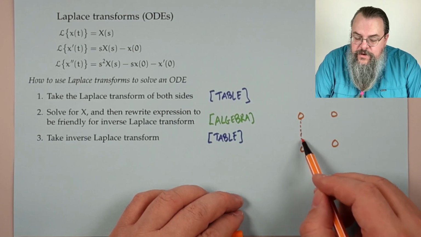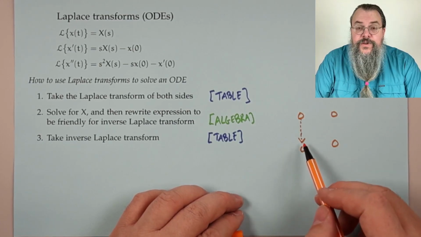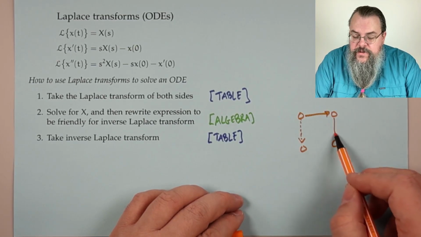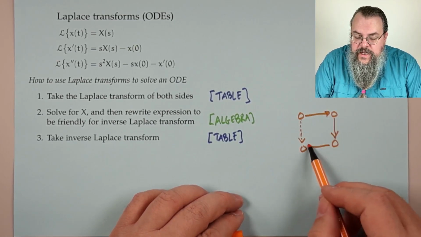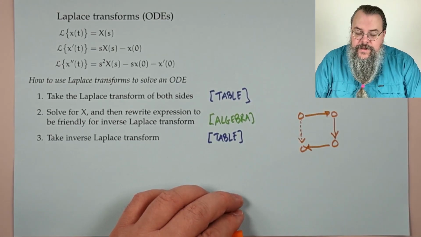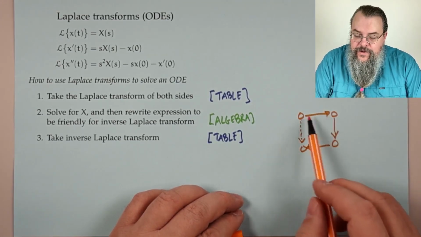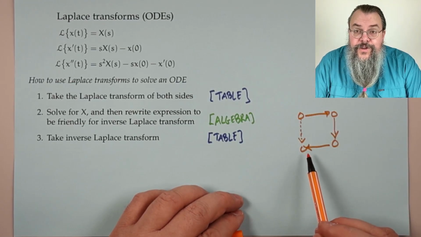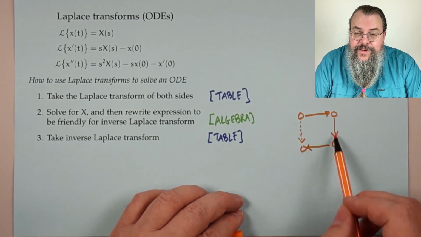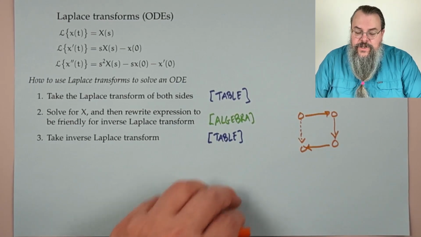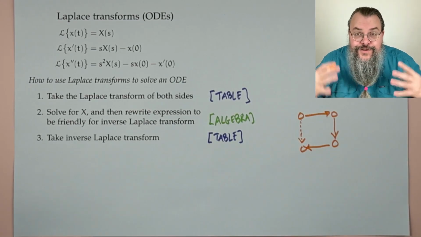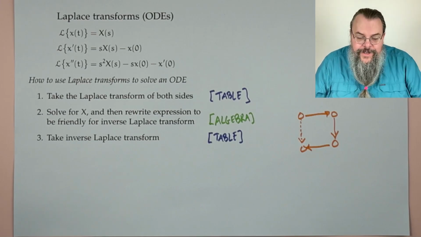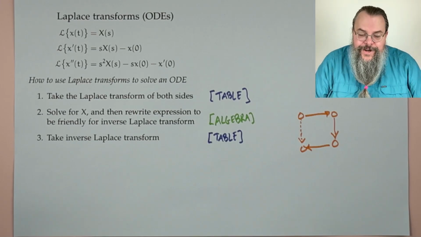And we wanted to go from problem to solution. And the way we do it is move to a different problem, solve that other problem, and then say, aha, how does that problem give us the original? So the 2 pieces here, those are using the table. And the last piece here is algebra. And so the table is super important. Know it, use it, learn it, live it. All right, good.